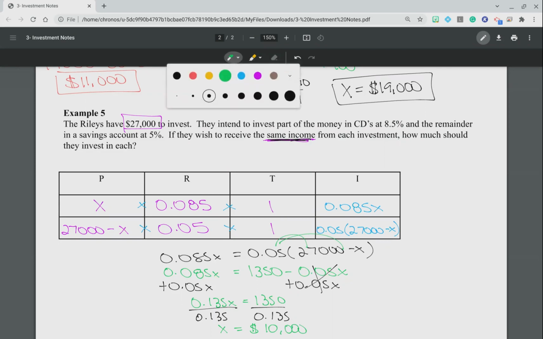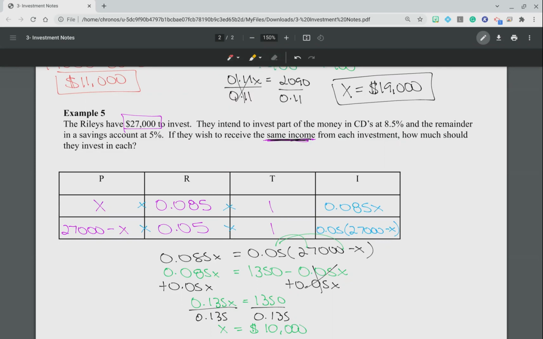Okay, so I am investing $10,000 at 8.5%. Okay, that's from up here. That's what x is equal to, 10,000. But then to find out how much I'm investing at 5%, I have to take the 27,000 and subtract the 10,000 that I'm already investing at 8.5%.